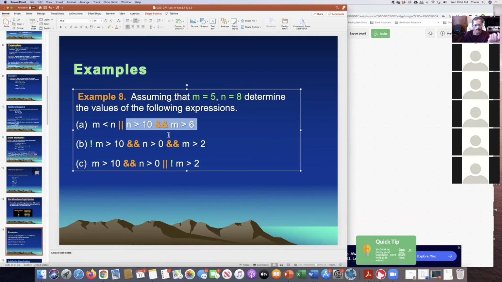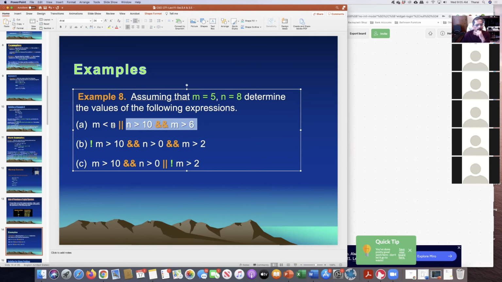So this combination, wouldn't it make the statement false? Yeah, this whole thing is false now because AND operator gives you false if one of them is false, and here both of them are false. So this whole thing is false.